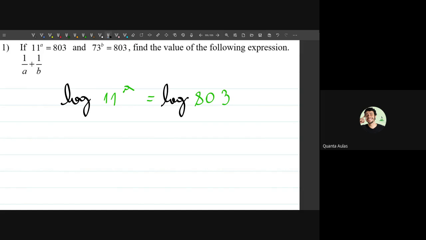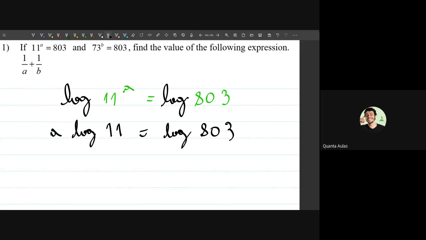When we do this, we have a property of logs: the exponent of the value inside the log goes down. So you can write it in this way.